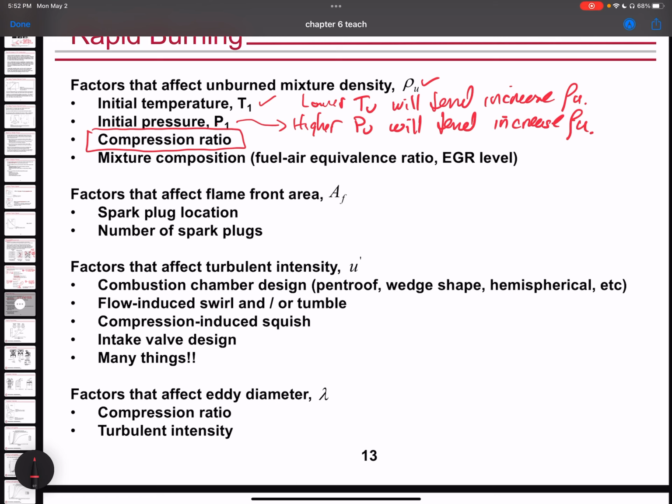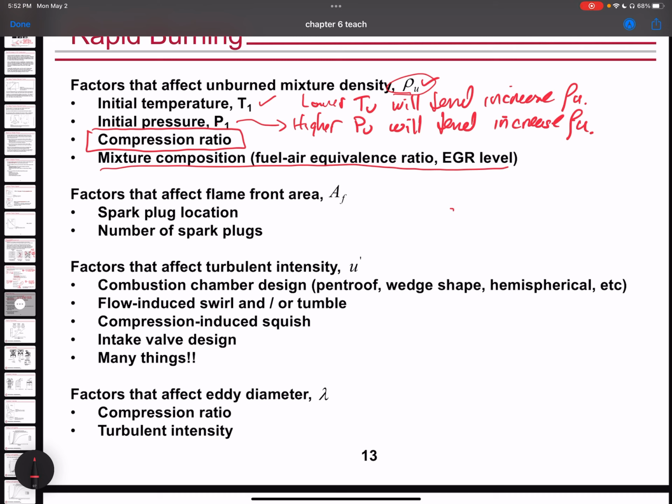And so generally speaking, as you raise your compression ratio, you're ultimately going to be raising your mixture density, because we assume that you're starting with the same initial pressure and temperature, and so that has a tendency to increase your mixture density.